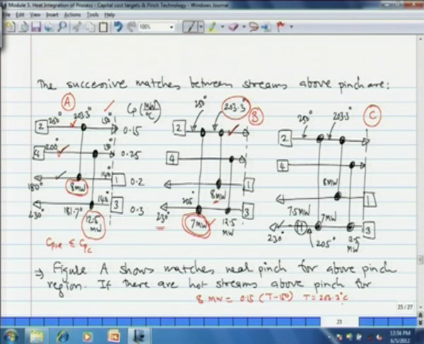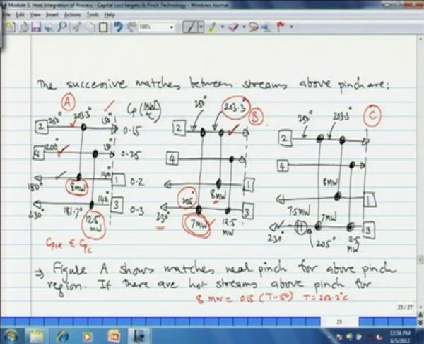Now, you can calculate the temperature of stream 3 as it exits the second heat exchanger, 7 megawatt heat exchanger. That can be done exactly the same way as explained before, that appears on your screen now, and that turns out to be 205 degrees centigrade.